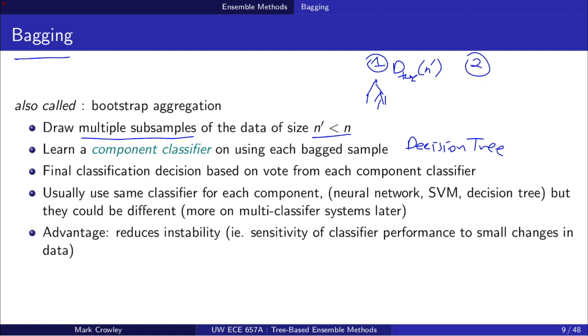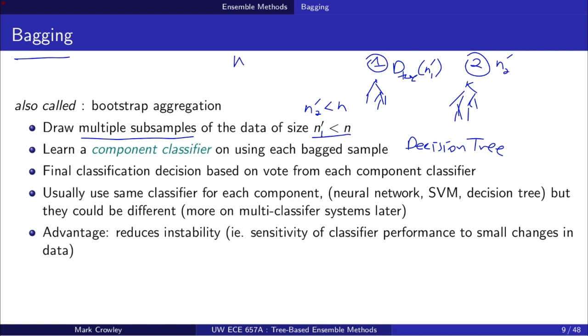And so now we'll build another model, which will end up being a different tree after we learn it. Let's say this is sample N1, this is sample N2, and N1 and N2 are both random subsamples of the original data set, but they're different. But they might overlap, right?